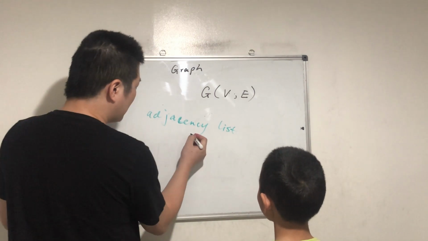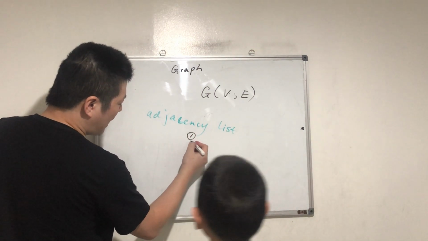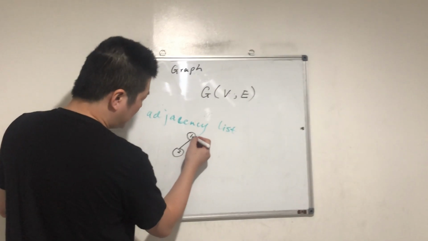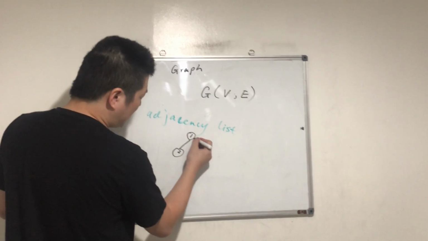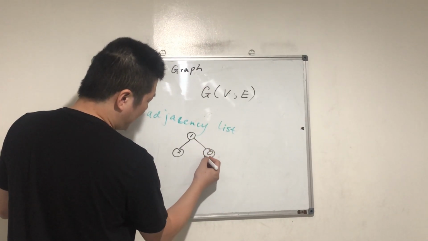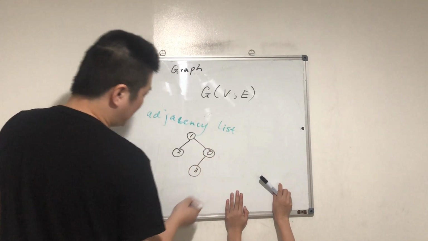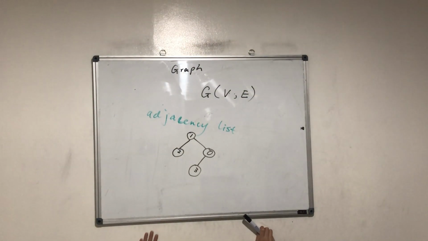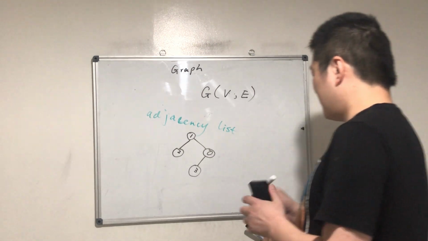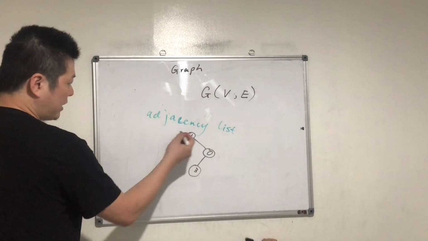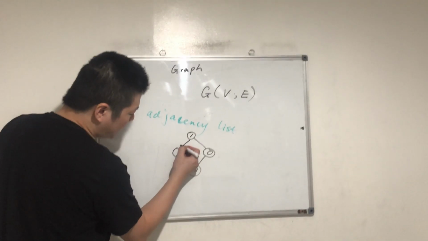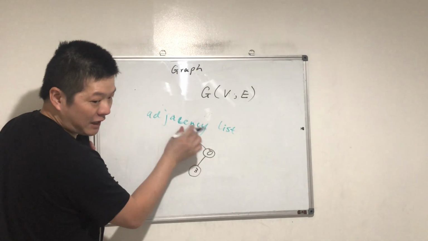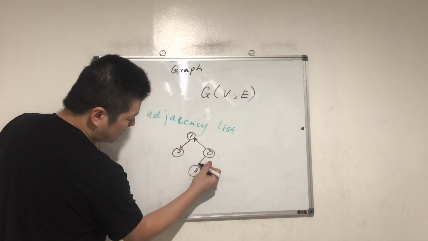Look, Eric. 1, 2, then I'm taking this one. Maybe we start with 0. Okay, 0, and then that's 3, 4. So how do we represent this graph in an adjacency list? If we have a direction here, it means the edge can have a direction, right?